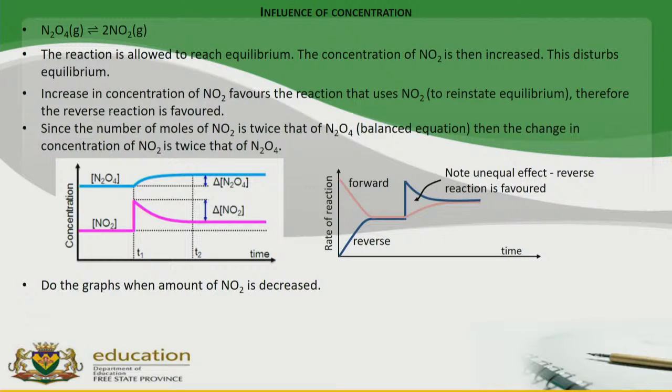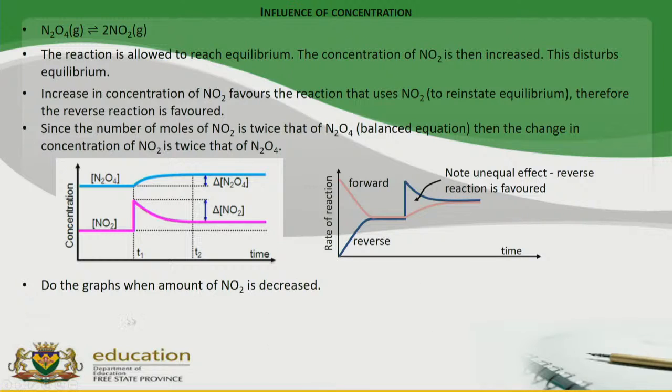And then when the rate of the reverse reaction increases, what happens to NO2? The concentration of NO2 will now decrease because NO2 is being used. When the concentration of NO2 decreases, what happens to the rate of the reverse reaction? The rate of the reverse reaction will start decreasing. And as the rate of the reverse reaction increases, what happens to N2O4?